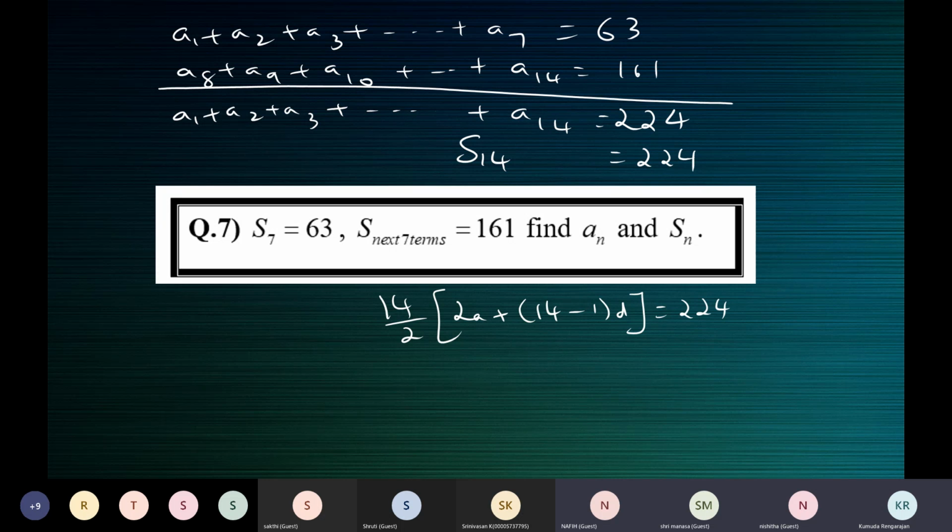When you add both, you get the sum from the first term to the 14th term, which is 224. So S14 is 224. You can also get the second equation like this. The values of A and D will be the same. Whichever way you work, A and D will be the same and the answers for AN and SN will be the same. The equation will be different here.